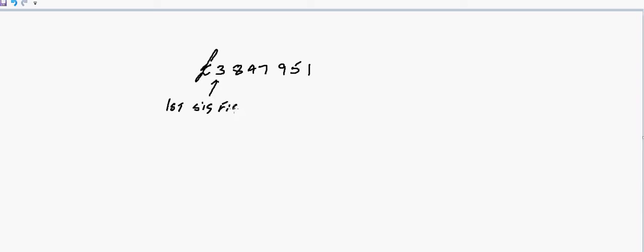And we tend to write sig fig for significant figures. So the first number is your first significant figure. So if somebody said to one significant figure, what is 3,847,951?